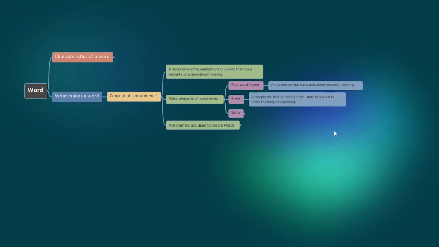Prefixes are morphemes that are added to the start of words that change their meaning. In English, I can't readily think of any words that change the grammatical function when used as a prefix, but especially in the South African languages, so isiXhosa, isiZulu, isiNdebele, Tshivenda, Sesotho, Sepedi, and the like, when you have a prefix, sometimes that has grammatical meaning.